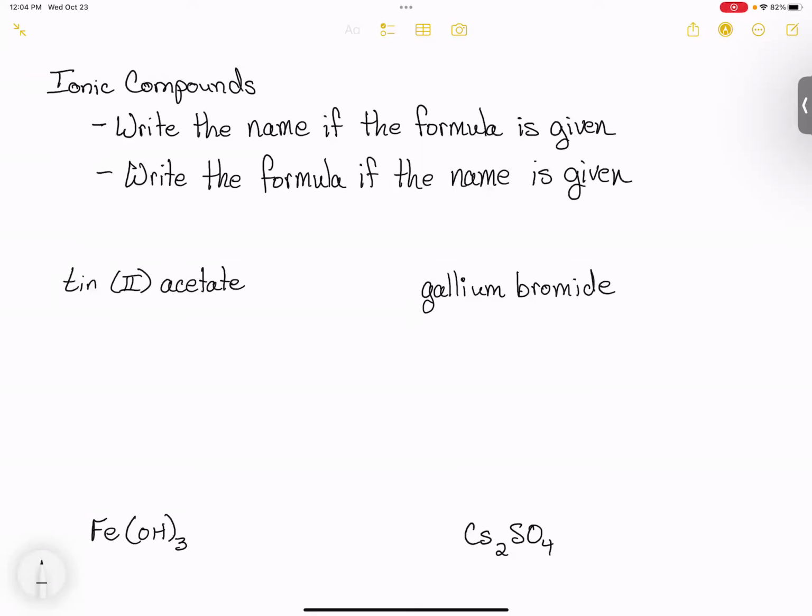What I see here is I have tin and I have the Roman numeral 2. What is the Roman numeral 2 telling me? That the charge on the tin is a 2 plus. And tin just happens to be Sn. Now, what does the ate tell me? That it's a polyatomic ion.